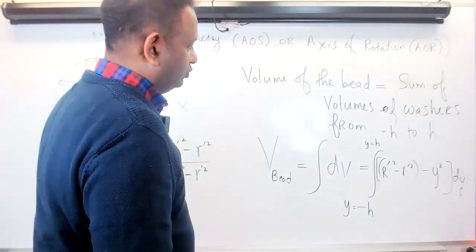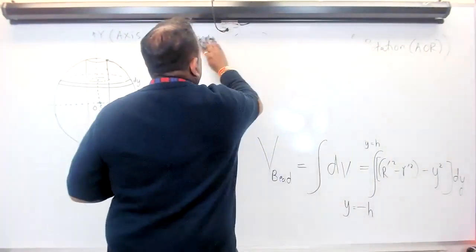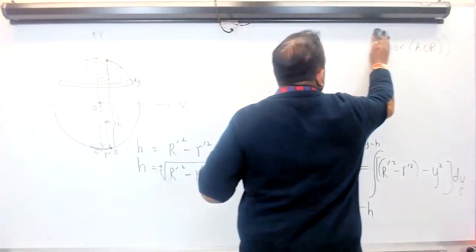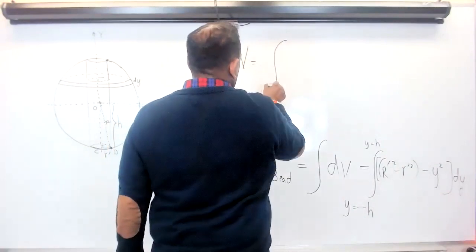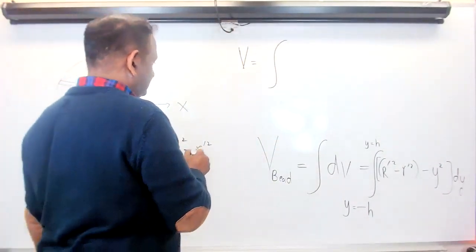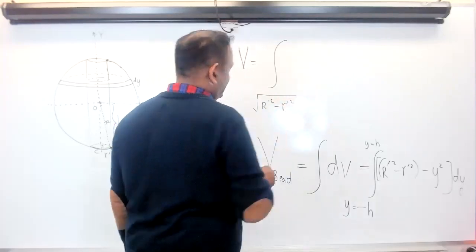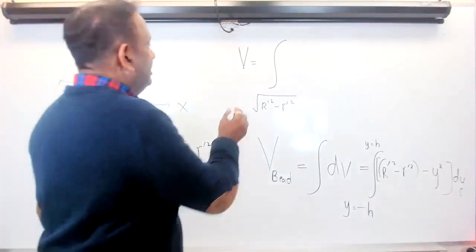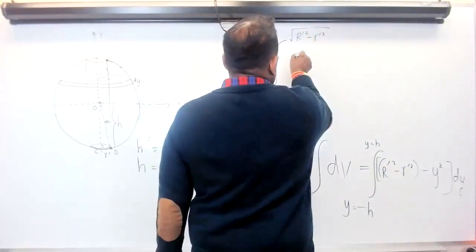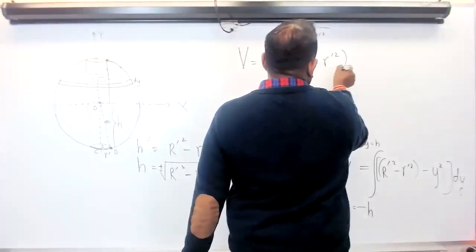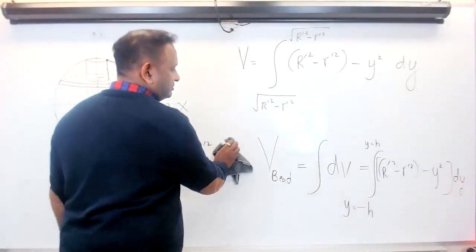Another way: V is nothing but the integration from y equals minus the square root of R prime squared minus r squared to the square root of R prime squared minus simple r squared, of R prime squared minus simple r squared minus y squared dy. See, that's the integral.